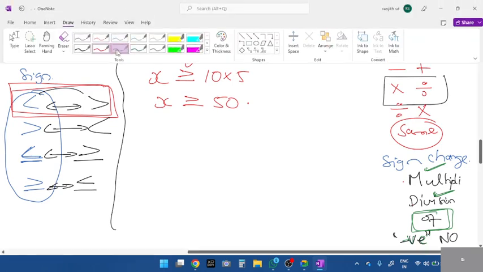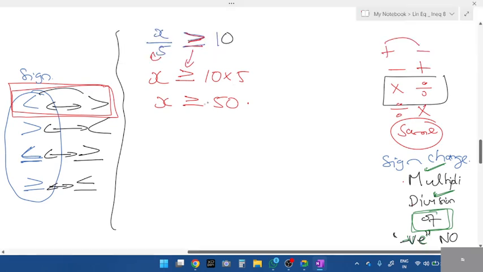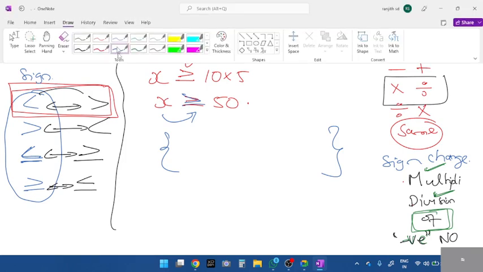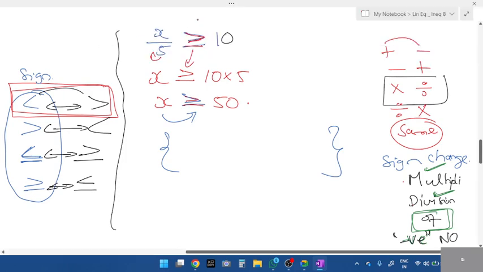Now, if you want to write the answer, which side is X traveling? See, which side is the arrow traveling? Left hand side or right hand side? Right hand side. Which means X belongs to 50 and after.